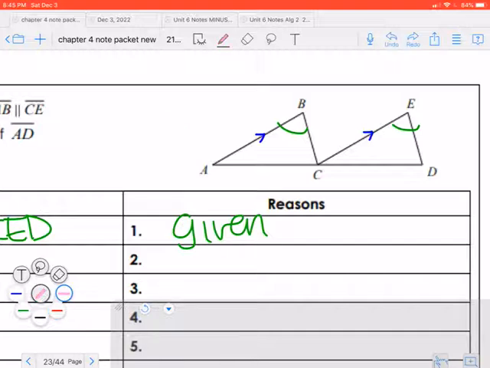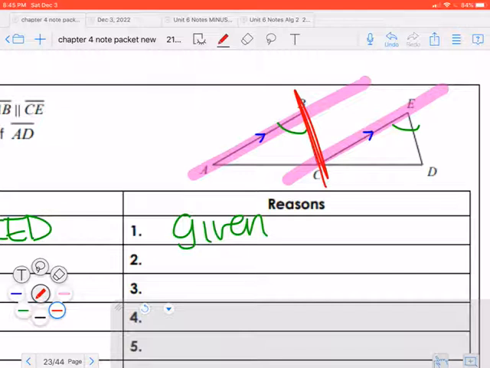So I'm going to highlight my parallel lines. Okay, I've got two options for my transversal. Are we talking about this one, or are we talking about this one? Let's explore that first one. If it was this one, my alternate interior angles would be this guy and that guy.